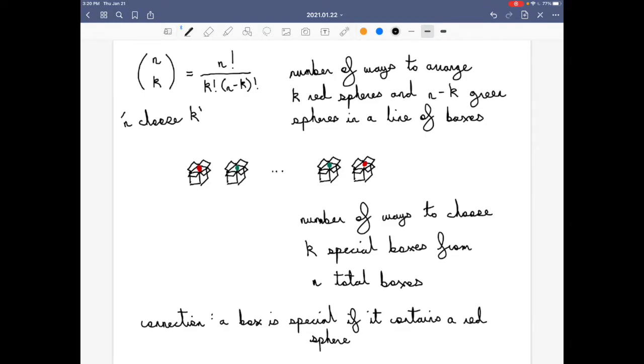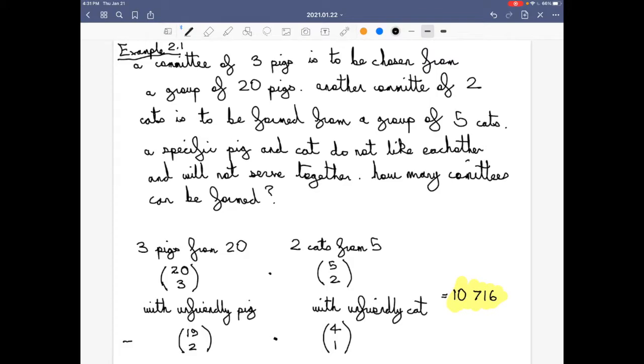But hopefully you can see on an intuitive level that the words red and green are just placeholders here, and everything would be identical if I were talking about red spheres and blue spheres. Okay, so for this reason, binomial coefficients are often referred to simply as n choose k, because it's the number of ways to choose k special things from a total of n things.